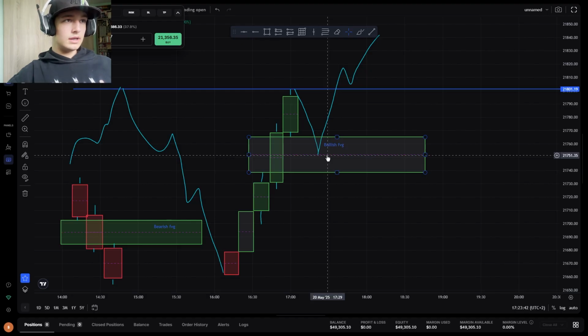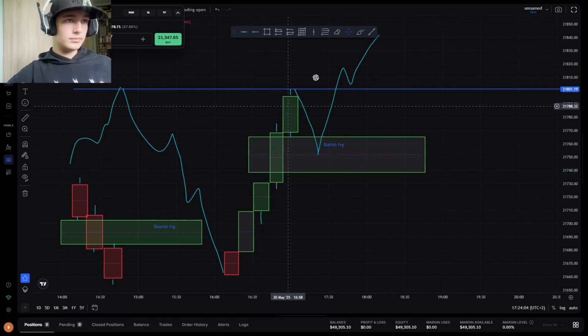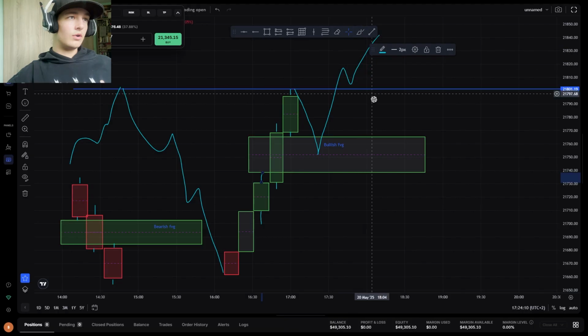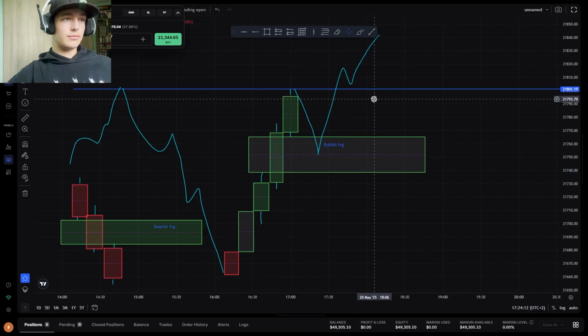You will see there's a wick right here, and bigger wicks and smaller wicks. So we swept liquidity. Now we have this gap right here.